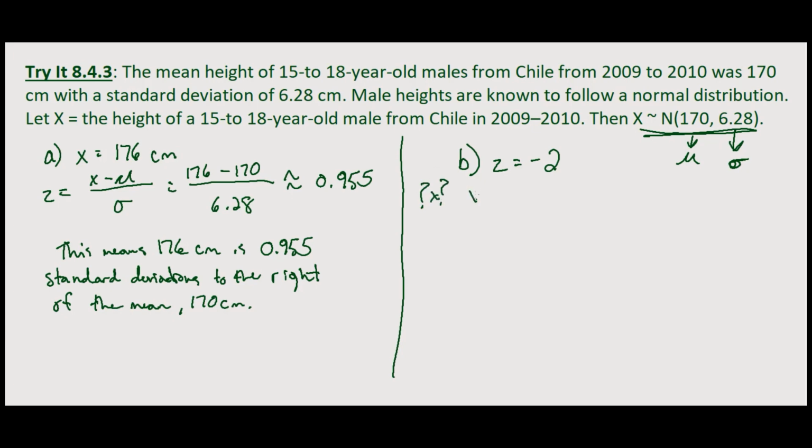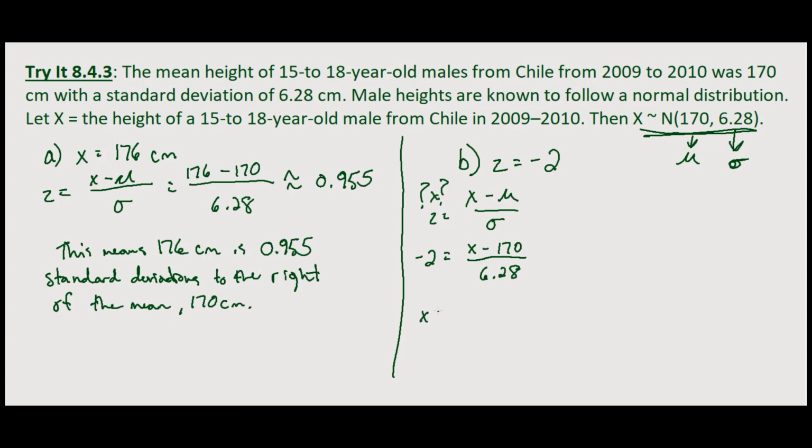So with our formula, we have again the value. So z equals the value minus the mean divided by the standard deviation. We're given a z-score of -2, so -2 equals the value minus the mean, which we know is 170 centimeters, divided by the standard deviation, which is 6.28.